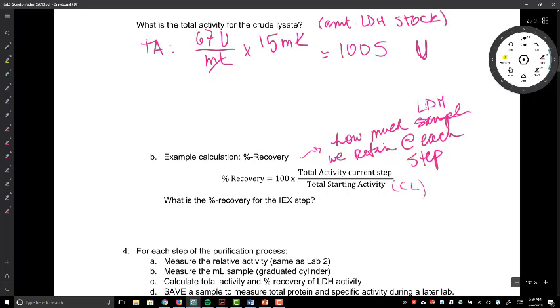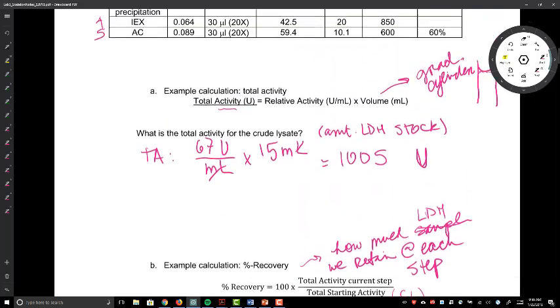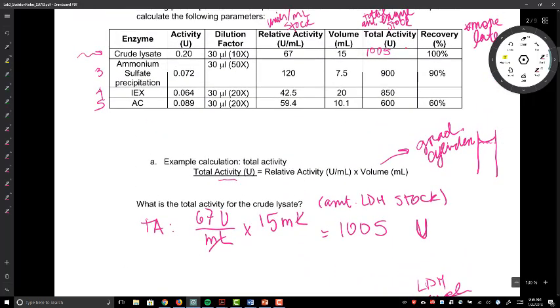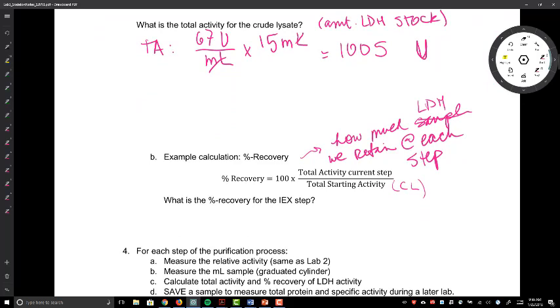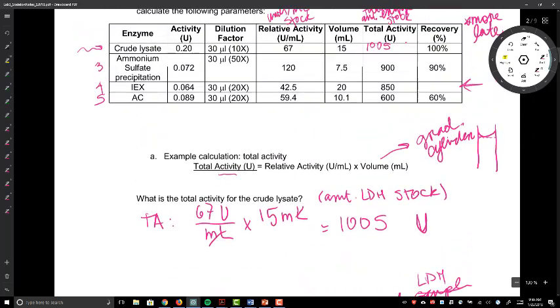So now take a minute and pause. And I want you to calculate the percent recovery for the IEX step. All right. So for the percent recovery of the IEX step, we have 100 times the total activity of the current step.